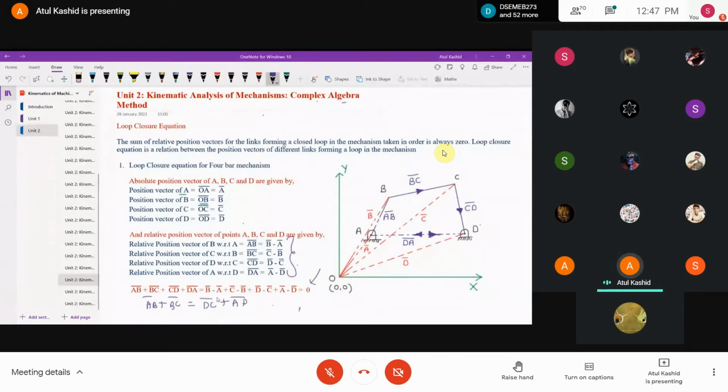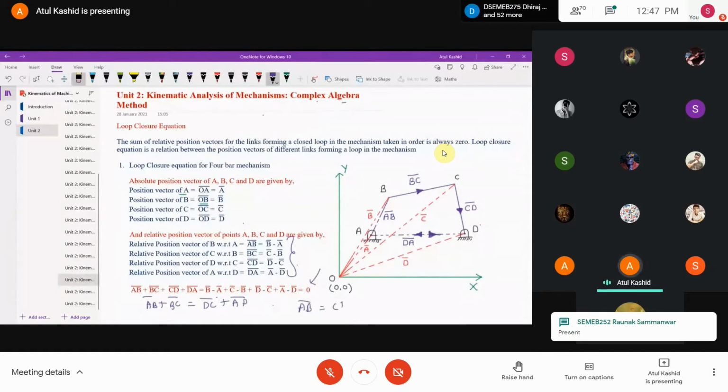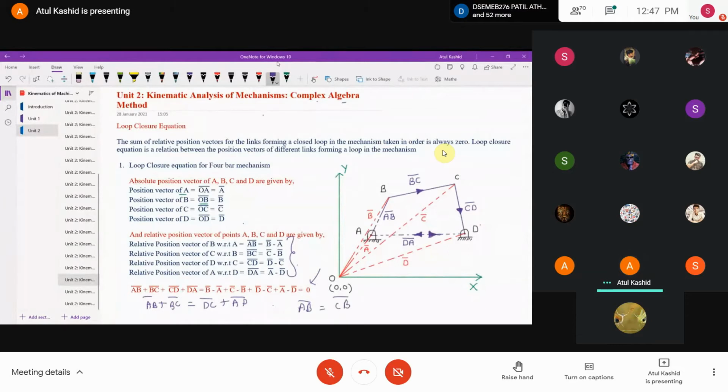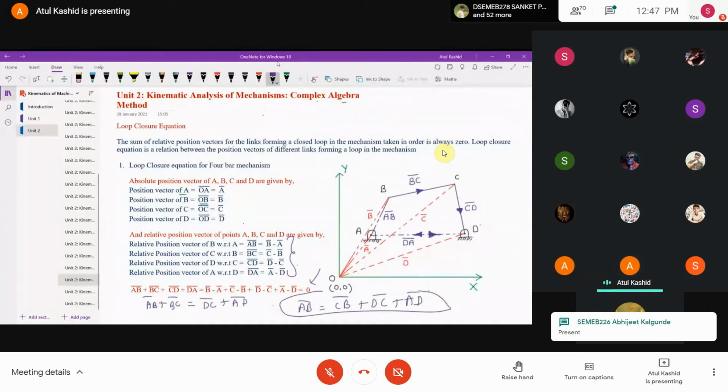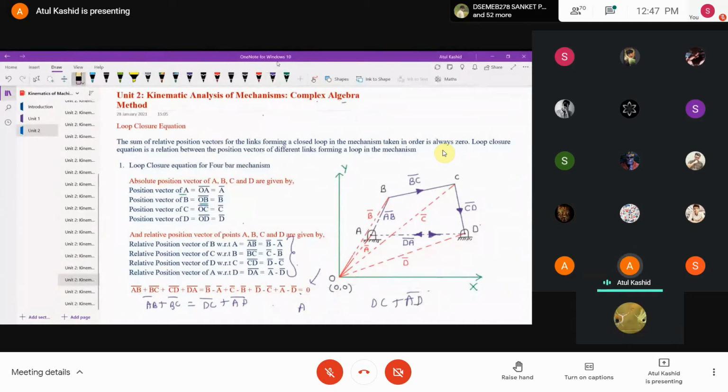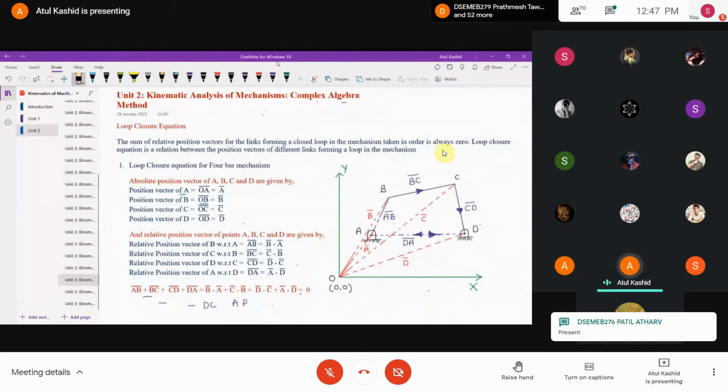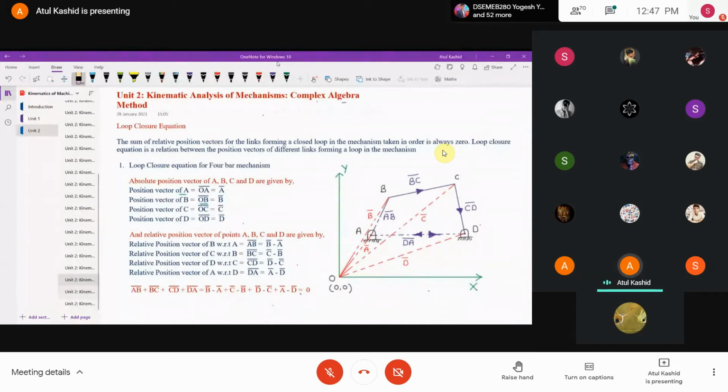Or I can write down this equation as AB bar, that is equals to CB bar plus DC bar plus AD bar, right? So you have to make sure of the order, right? And then you have to write down the loop closure equation, right? So this is the loop closure equation for the 4-bar mechanism, right?